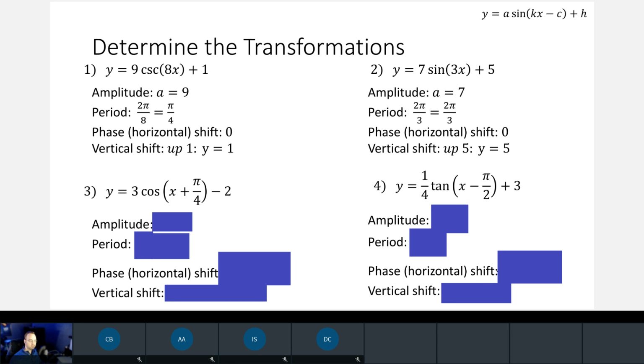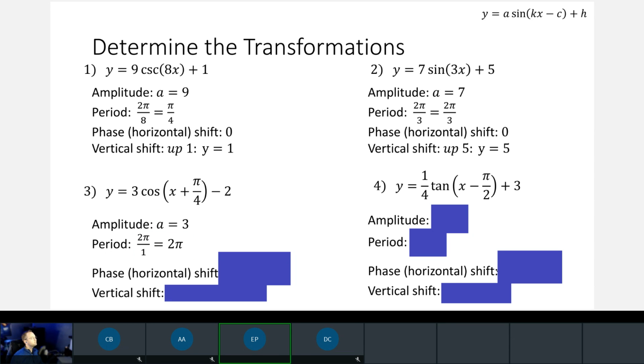All right, who is doing number 3? I forgot. True, Chloe, true. All right, Emily on mic, go ahead and tell me what you got. Okay, so for amplitude, I just got 3 because that's the number in front. For period, well, there's no coefficient, so it's just 2 pi.